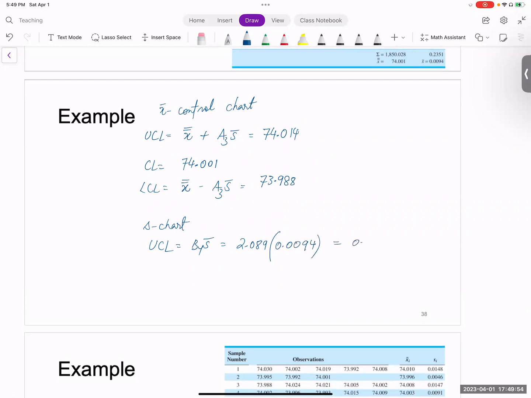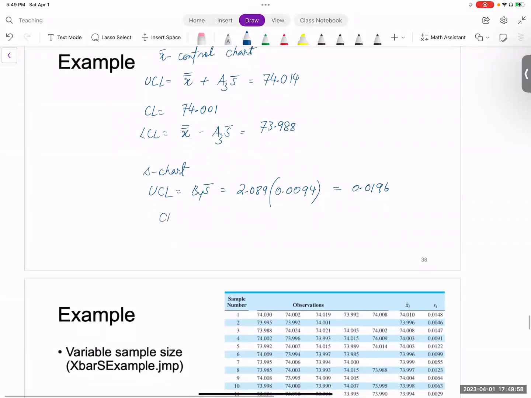That gives us 0.0196. The center line is 0.0094, and then LCL is equal to B3 times S bar, where B3 is just 0, so your LCL is 0. That gives you the X bar control chart and S control chart.